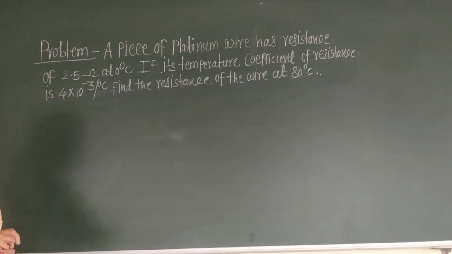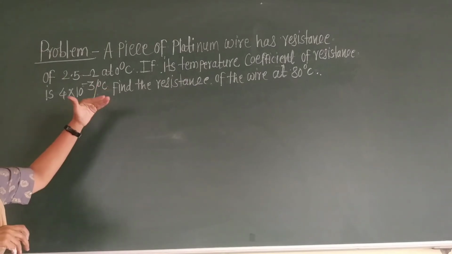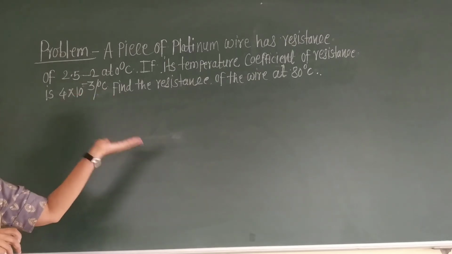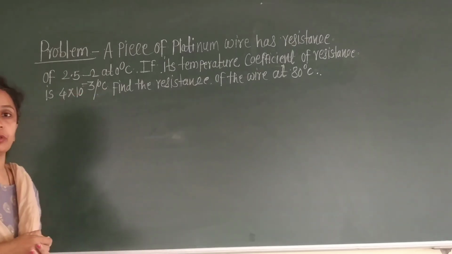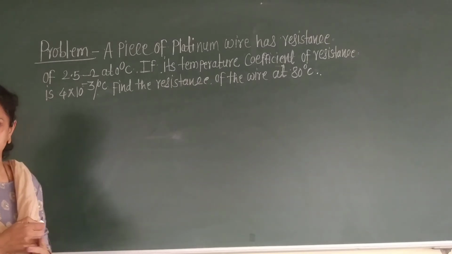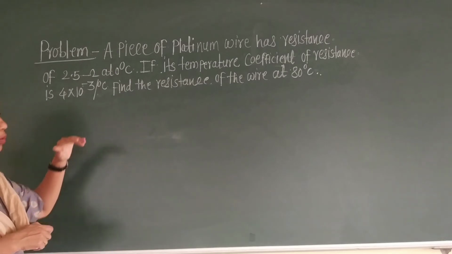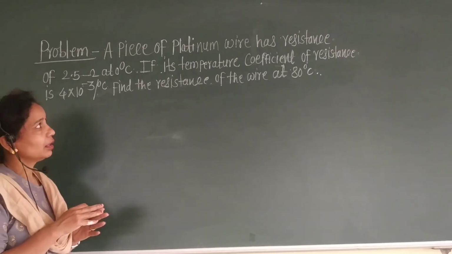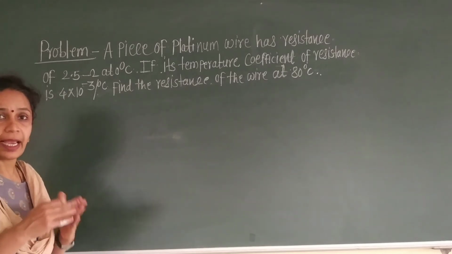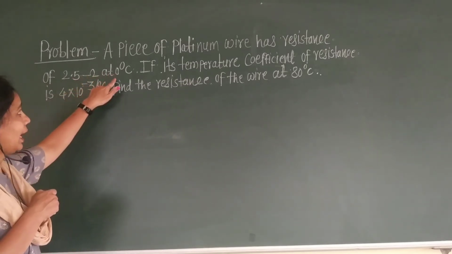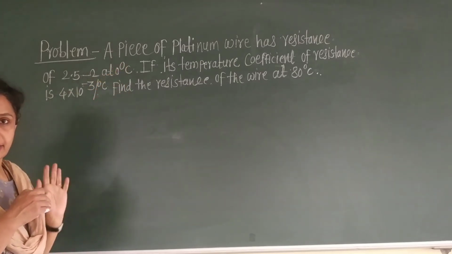In this problem, we are given the value of alpha and we have to find the resistance at a particular temperature. A piece of platinum wire, that is, the material here is platinum. This platinum wire has a resistance of 2.5 ohm at 0 degree Celsius.